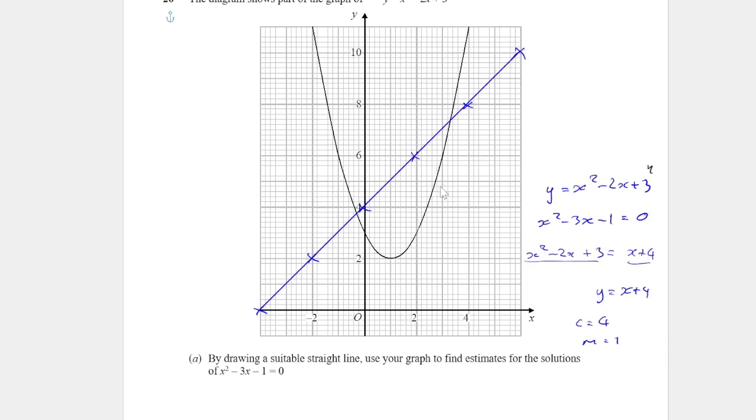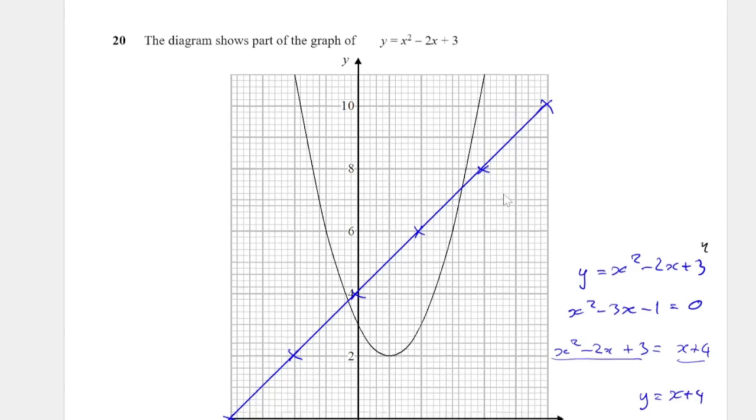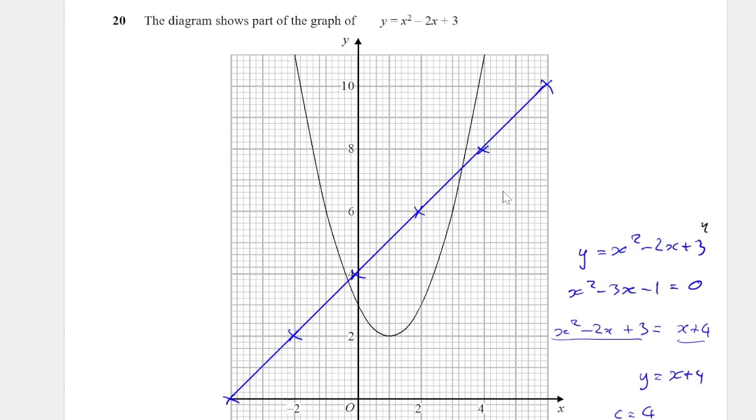Okay, so what I need then is to look for the intercepts of these two lines. And it's not really the y-intercept I'm interested in, it is just the x-intercept. So we're looking at that value there and that value there.